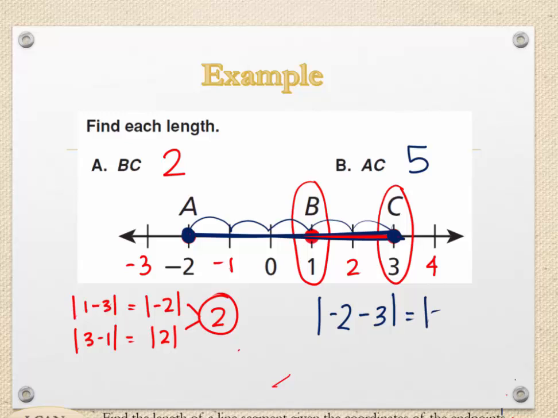We end up with the absolute value of negative 5, which we know is 5. And this would work the other way around. If you started with 3 and you subtracted a negative 2, be careful there. 3 minus a negative 2 really means that we're adding, and we would still end up with 5. So can you find the length of a line segment given the coordinates of the endpoints?